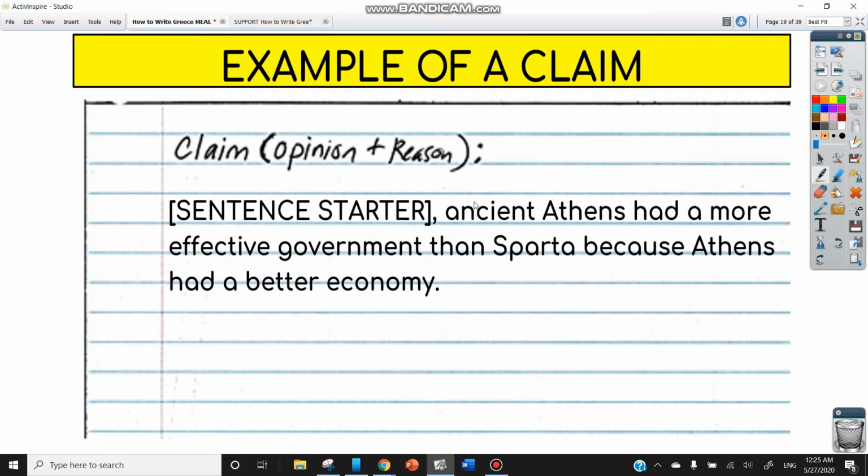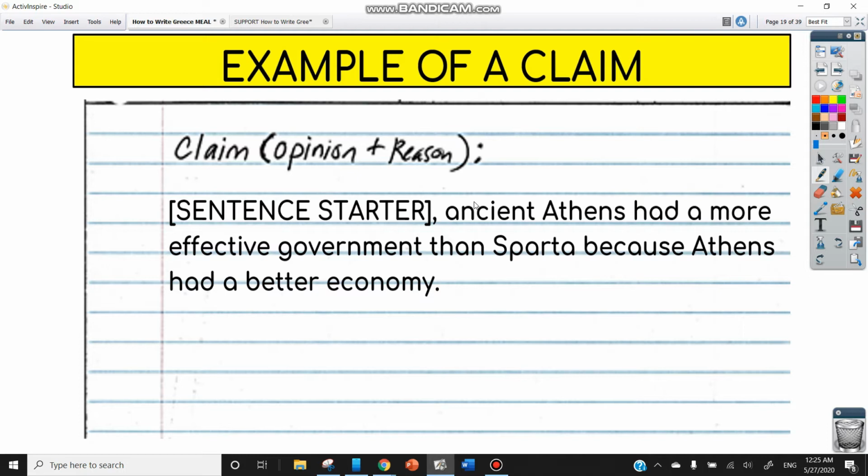Alright, and this is an example of a claim, and this is how you would write it on your piece of paper. And as you can see, I did include a sentence starter, so you have some choice in the matter. But basically it's the same as the claim that we wrote based on the thesis in the previous slide.